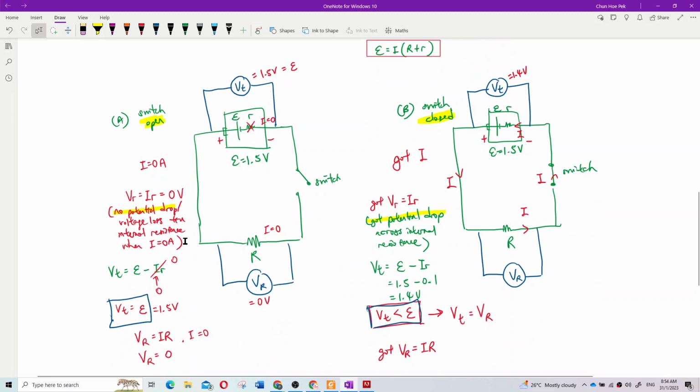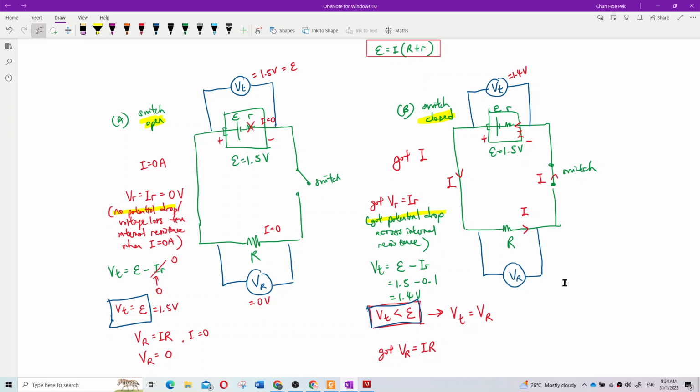If the switch is open, the terminal voltage equals EMF. However, when the switch is closed, the terminal voltage becomes less than EMF. Now the terminal voltage equals the voltage across the external resistor. Okay, class, do you understand?